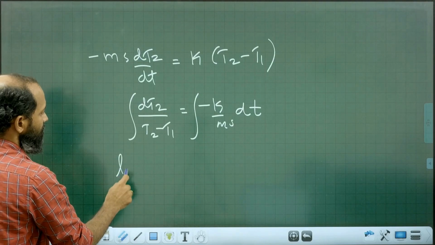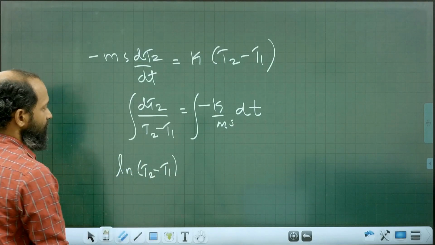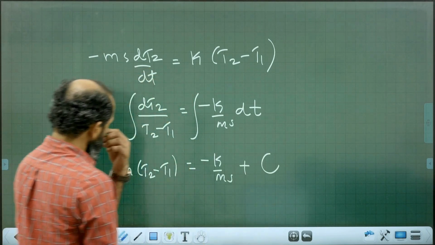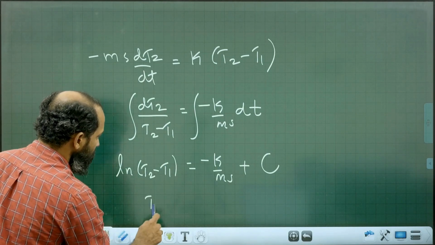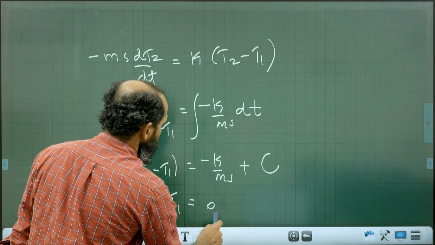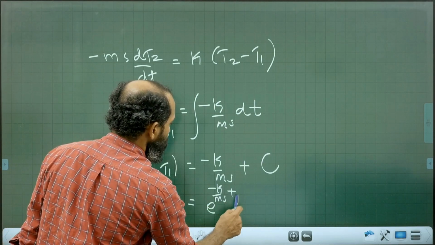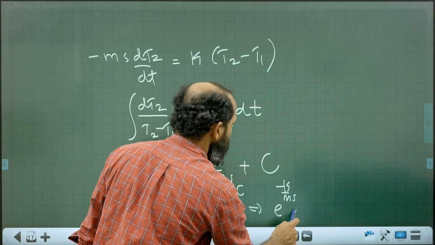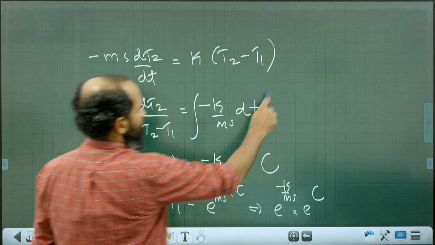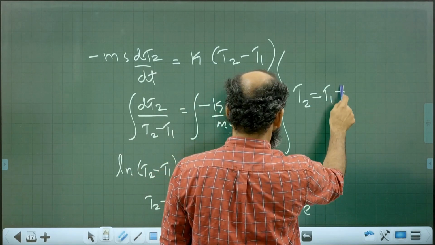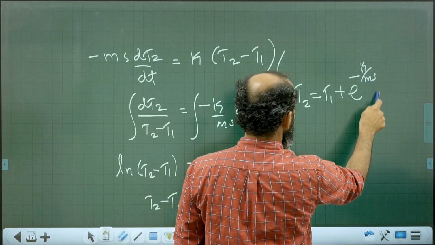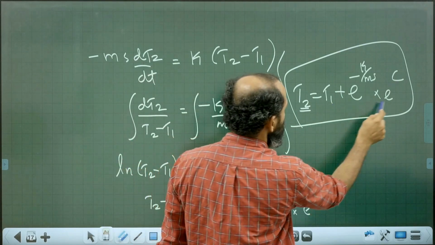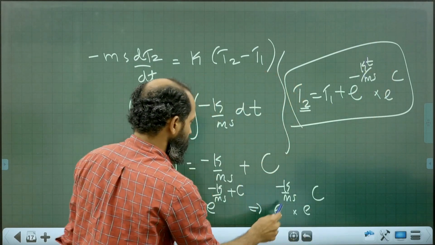You can write log of T2 minus T1 equals minus K by ms times t plus C. That is, T2 minus T1 equals e raised to minus K by ms t plus C, which implies e raised to minus K t by ms into e raised to C. That implies T2 equals T1 plus e raised to minus K t by ms into e raised to C. This equation is also important.